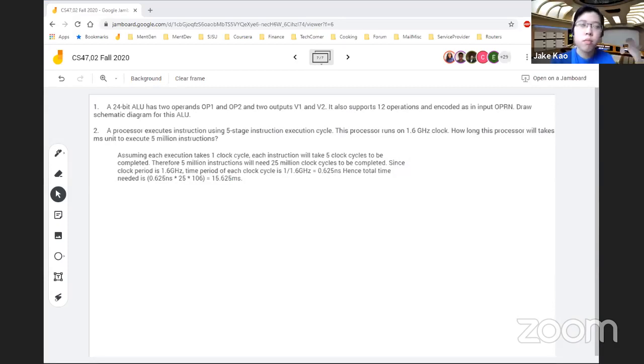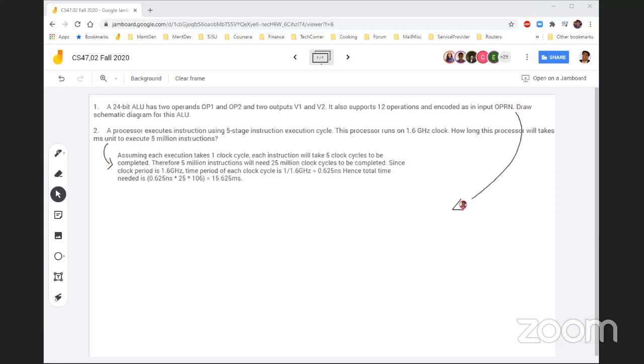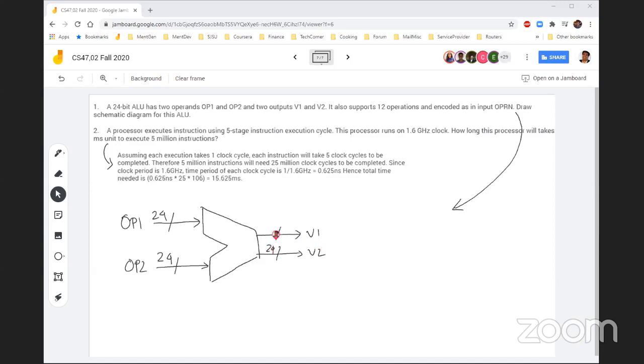For this problem, we have the ALU, and since it is 24-bit, it has 2 inputs, OP1 and OP2, each of them 24 bits. And it has 2 outputs, V1 and V2. Being a 24-bit ALU, they will both be 24 bits.